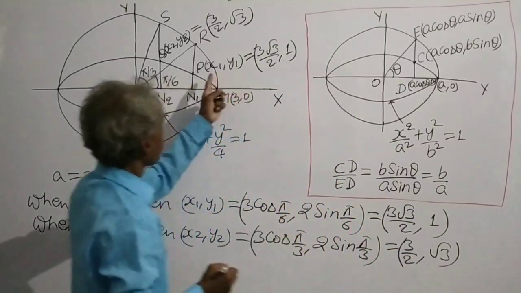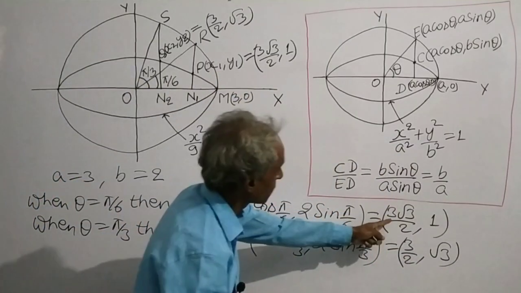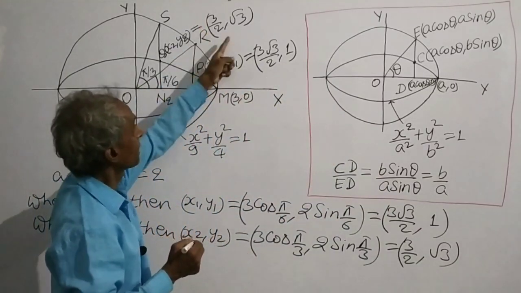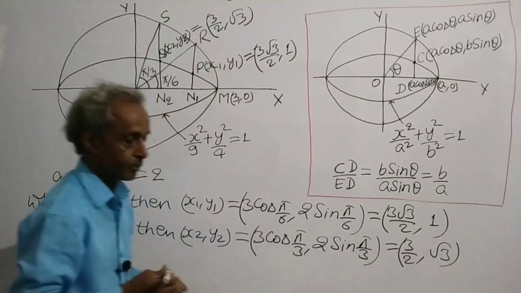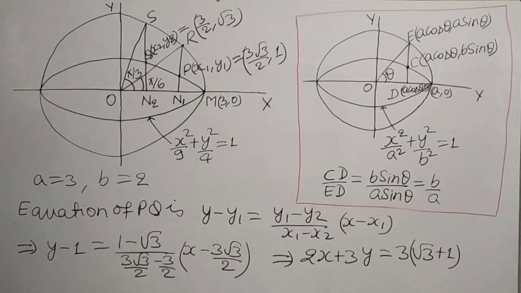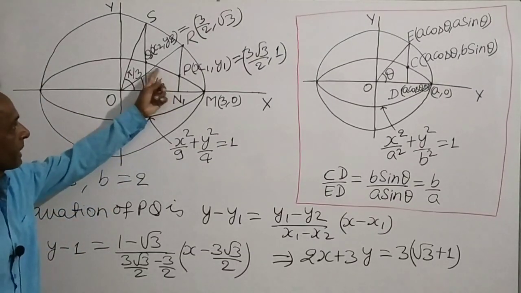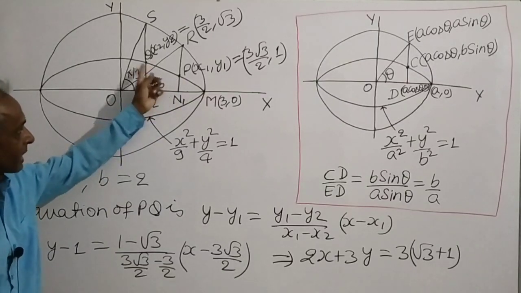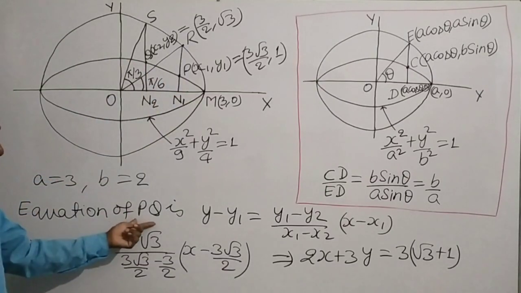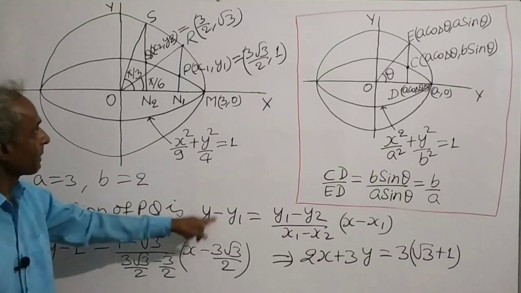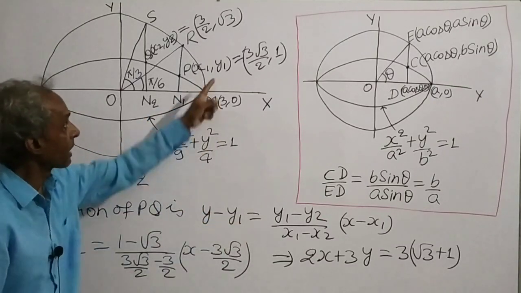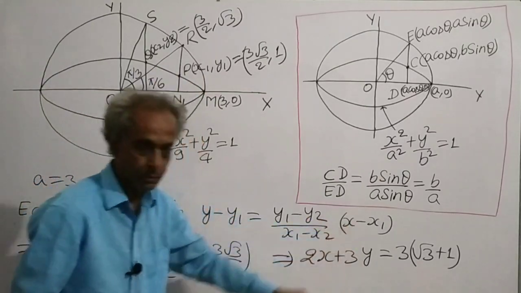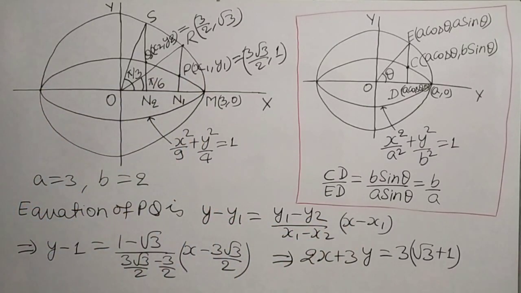Thus, we get x1, y1 as 3 root 3 by 2, 1, and x2, y2 as 3 by 2, root 3. The equation of a straight line passing through point P and point Q, that means PQ, a straight line, will be y minus y1 is equal to y1 minus y2 by x1 minus x2 times x minus x1, by using the formula.